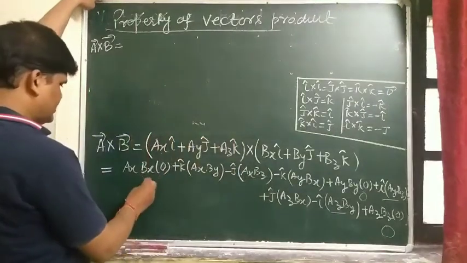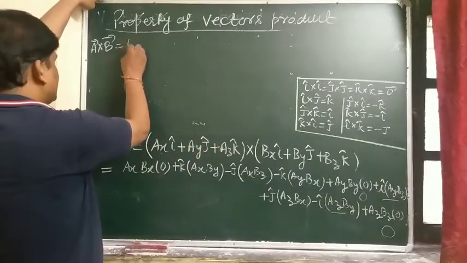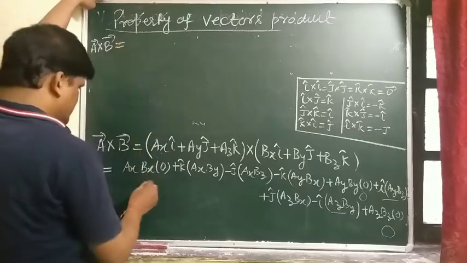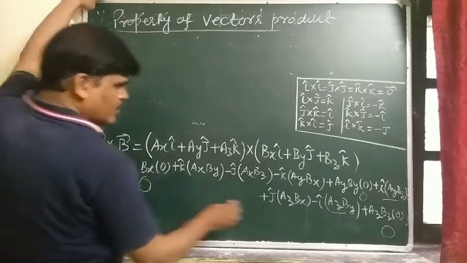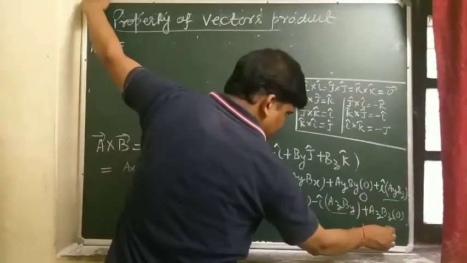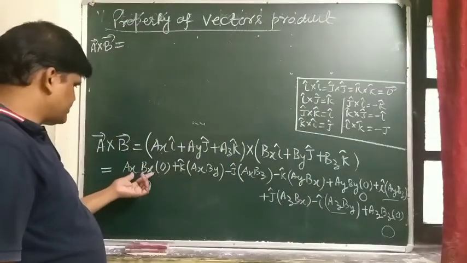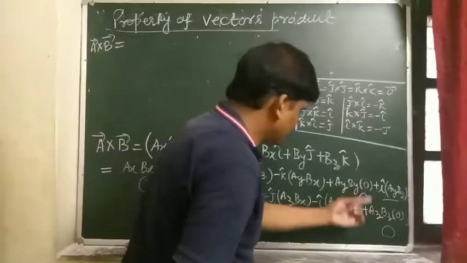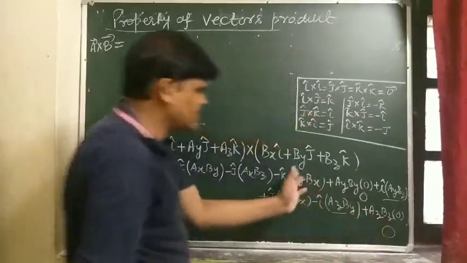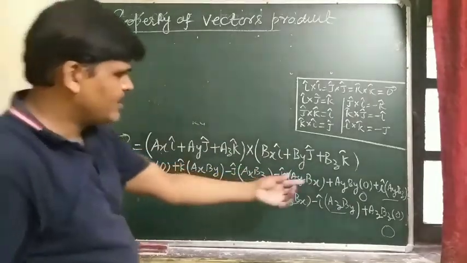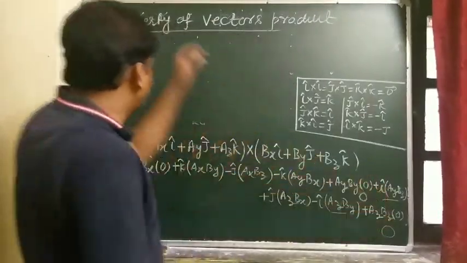This quantity is 0, so we write 0. So this is 0, this is 0, and this is 0. In the next term I will not mention ax bx 0, ay by 0, and az bz 0, because their multiplication with 0 is 0. So only we write taking common I cap.